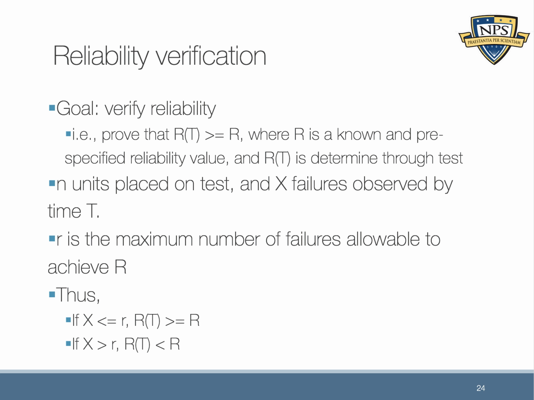If that is less than or equal to r, the allowable, then we say that we've essentially met the reliability, right? We've verified the reliability. So our R(t) that we're testing is greater than or equal to R, which is our known requirement. And if x exceeds r, then that means R(t) is less than R. That's one way to think about it.